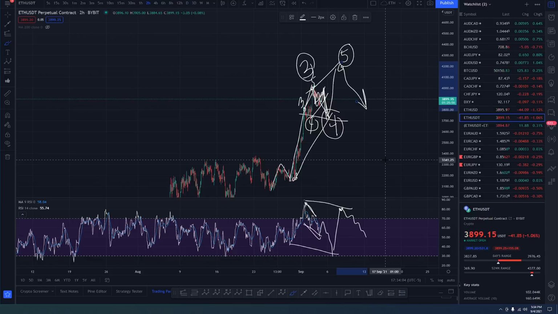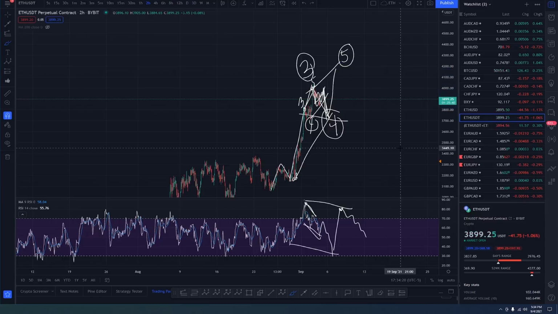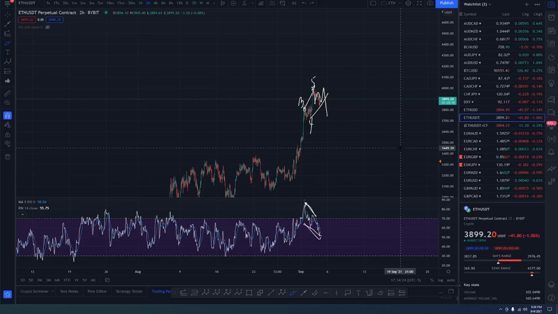That's the way waves move, and it happens over and over and over again in bull runs. If you can master that, you're doing really well.